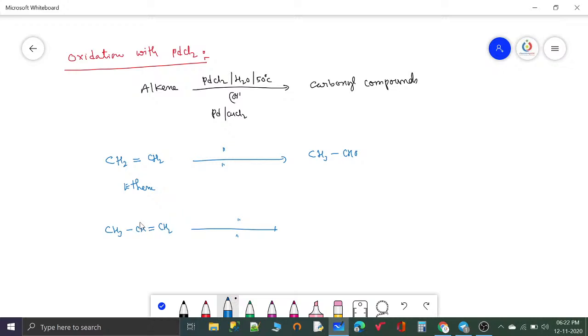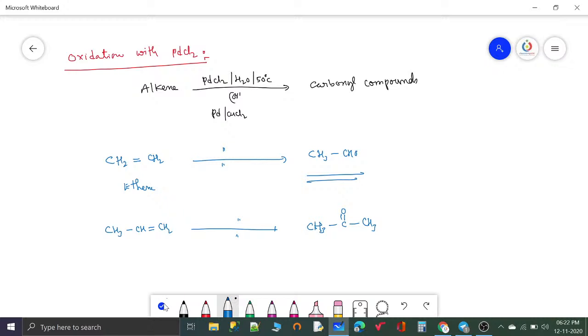The highly substituted carbon will be converted to the carbonyl part, and the other carbon will be reduced to the CH3 part, so you get CH3 C double bond O CH3. This means you are able to get the aldehyde with this type of reagent only with ethene, but not with substituted alkenes like propene.